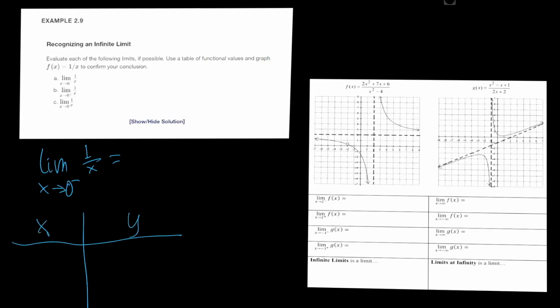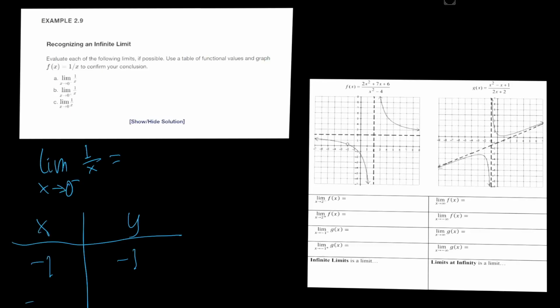X, y. We have to get closer and closer to 0 from the negative direction, because everything left of 0 is negative. So when x is equal to negative 1, y is just going to be 1 over negative 1, which is negative 1.